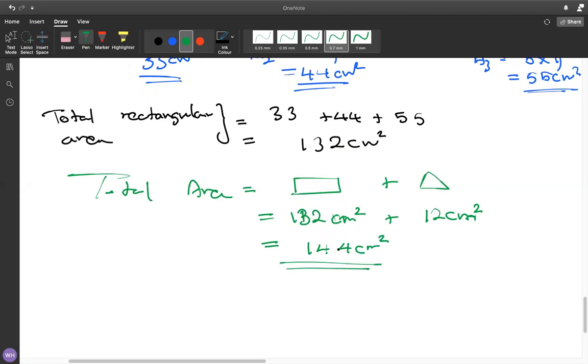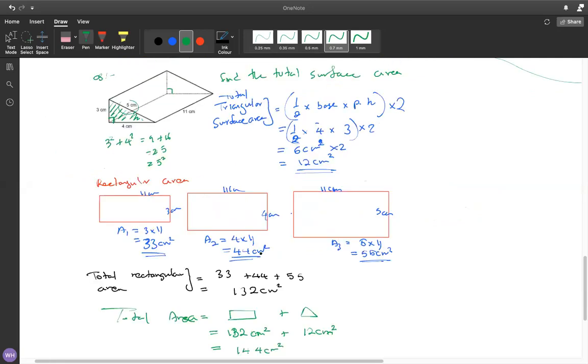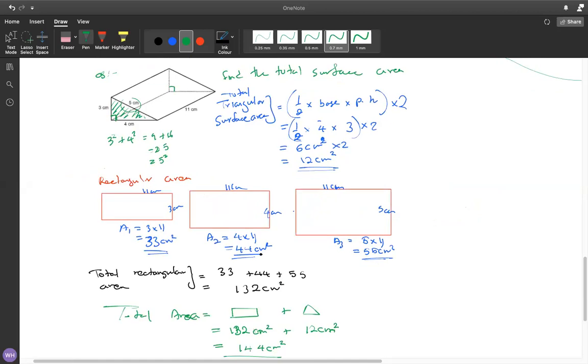This is the total area. Right. So if anybody wants to copy down, please draw the rectangles separately and find each of them separately. So the answers will be crystal clear.